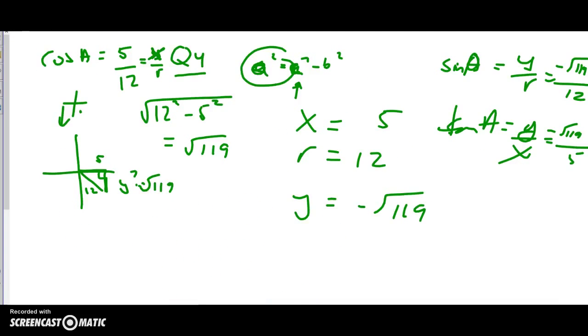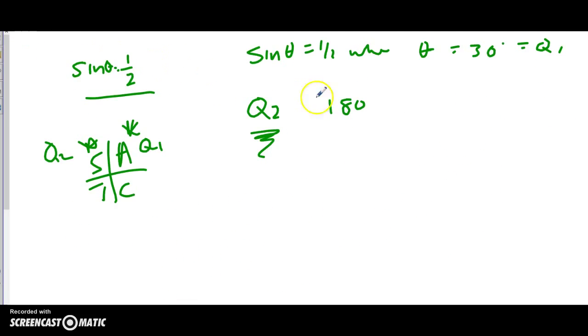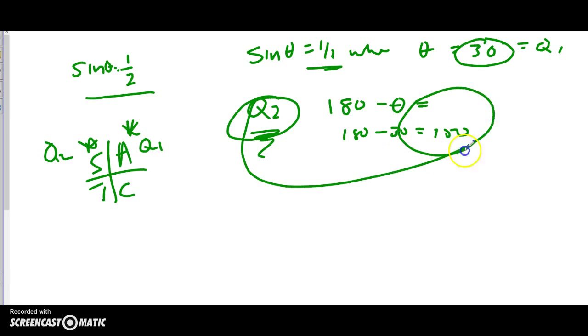For quadrant 2, I just go 180 minus theta, so 180 minus 30, and then I get 150. So my two angles that have a sine of 1/2 are 30 degrees in quadrant 1, and 150 degrees in quadrant 2. Okay, so those are related angles.